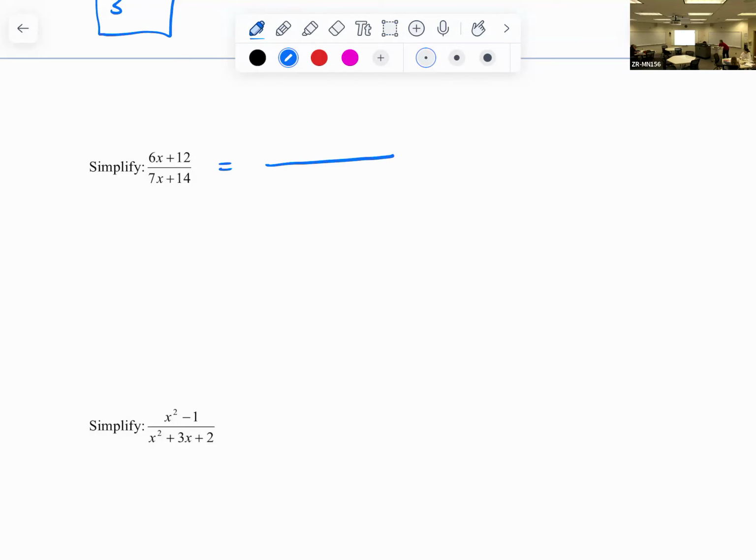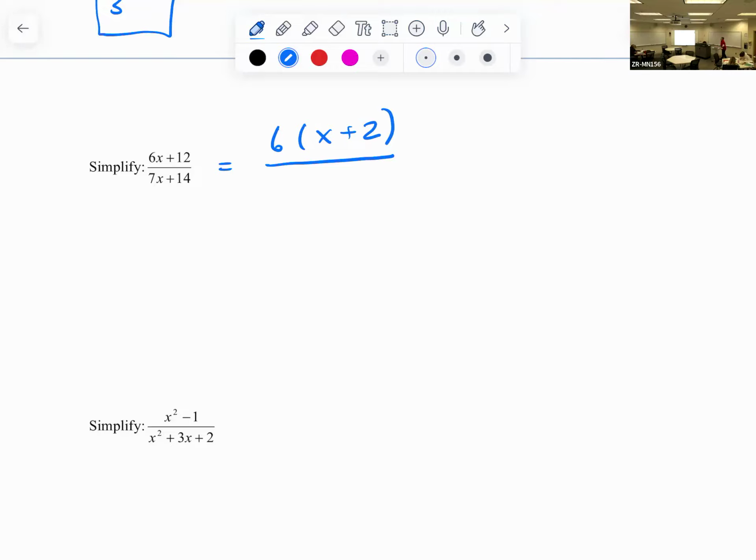Looking at the numerator, how would I factor that? Take out 6. Greatest common factor, right? That is our standard method. That is our first step every time. Pull out a 6. That leaves us with x plus 2.